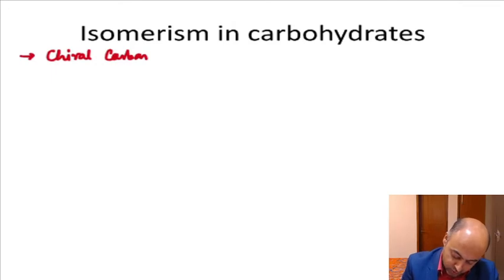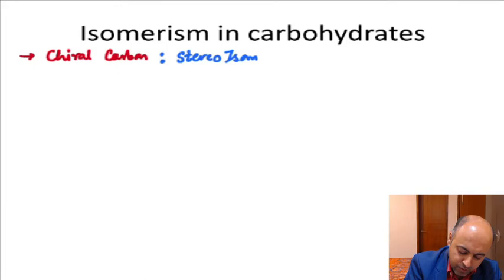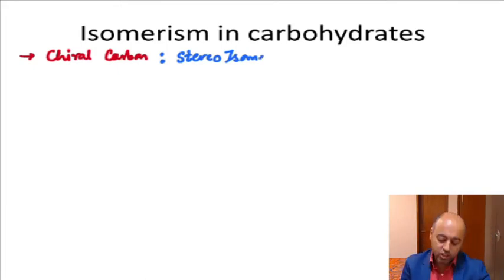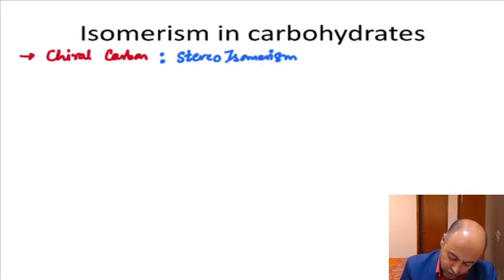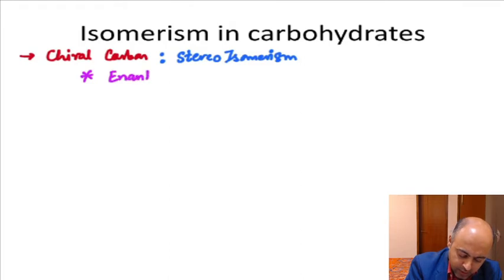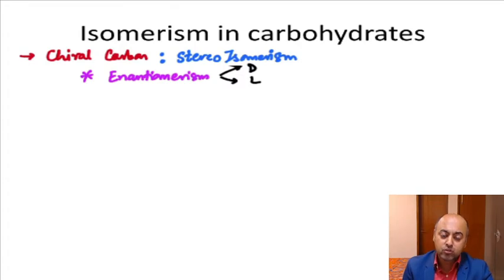This gives rise to the phenomenon called stereoisomerism. In stereoisomerism, we see three things. Number one, enantiomerism, where we have the D and the L forms.